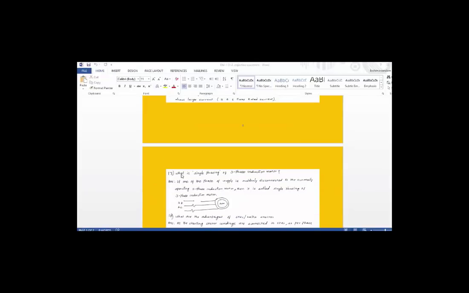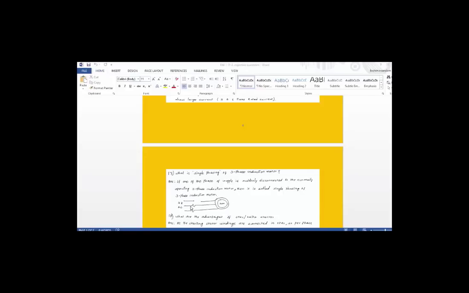Next, 17th question. What is the single phasing of three-phase induction motor? Answer. If one of the phases of supply is suddenly disconnected to a normally operating three-phase induction motor, then it is called single phasing of three-phase induction motor. The circuit is like this.